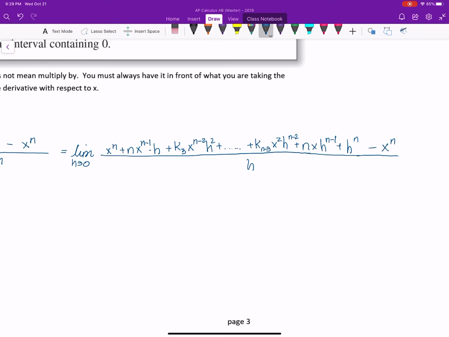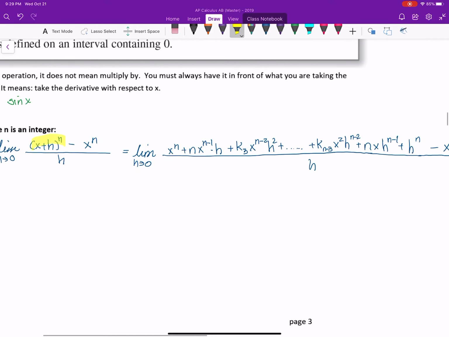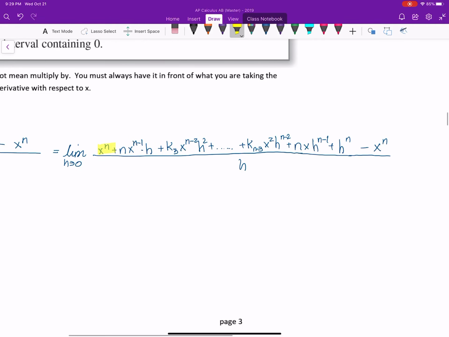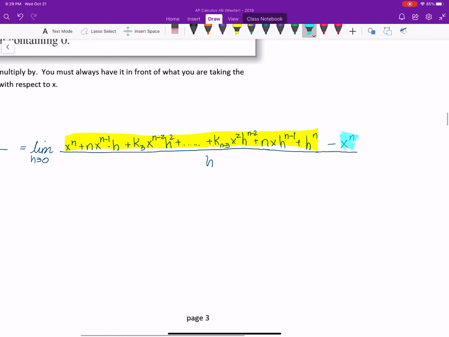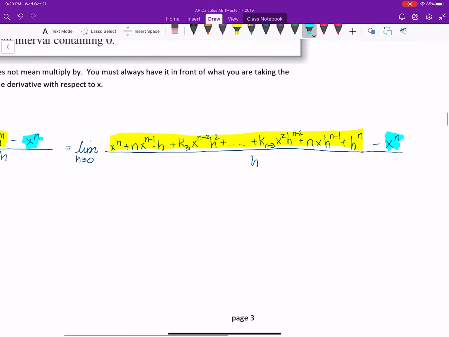So look, just to highlight, the expansion is all of this, all of that mess right here. And then the second part, minus the x to the n, is this one on the end. But we can do a little bit of cancellation here because the x to the n's cancel out.